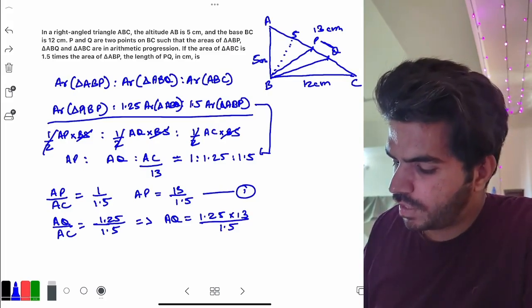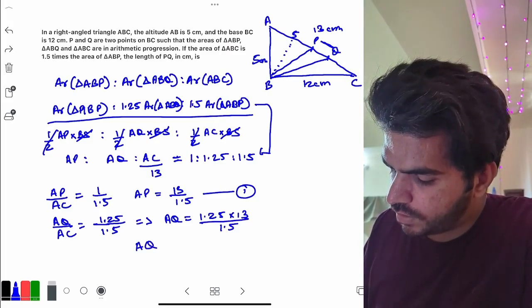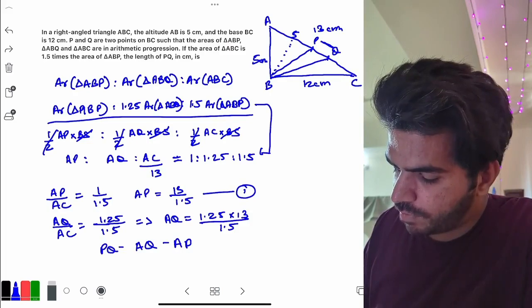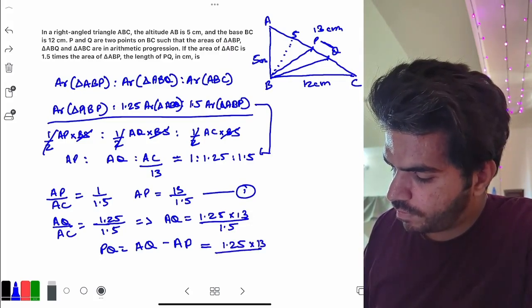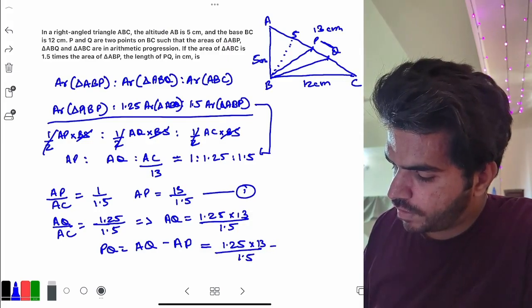So now we'll calculate AQ minus AP, because that will be equal to PQ. It is 1.25 into 13 by 1.5 minus 13 by 1.5.